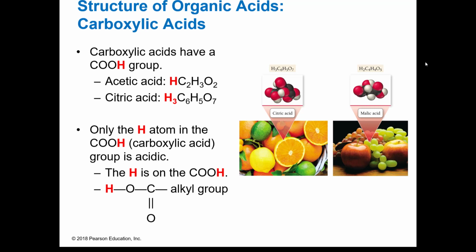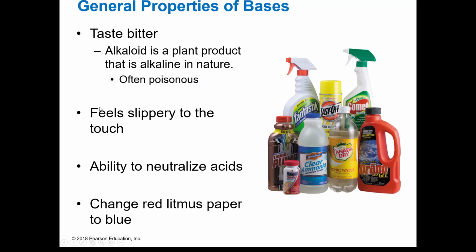If they're being kind to you, they'll add it at the beginning, but sometimes they'll just have the COOH at the end of the acid, and that's how you recognize those carboxylic acids with that COOH group or alkyl group.